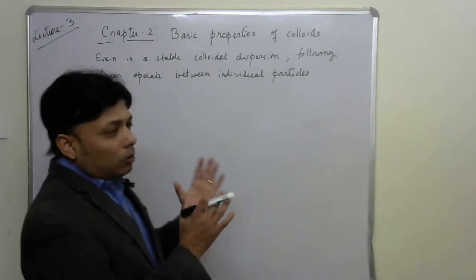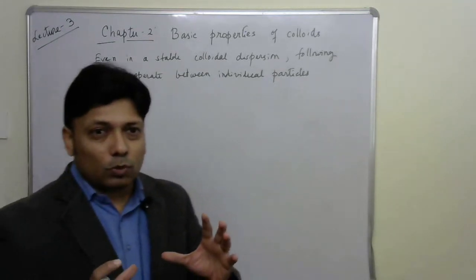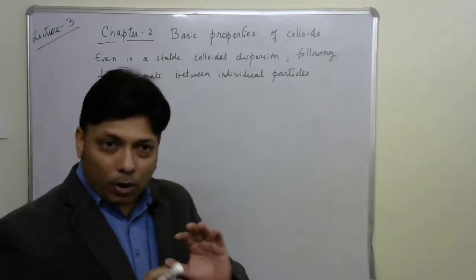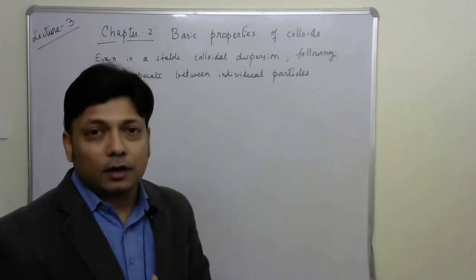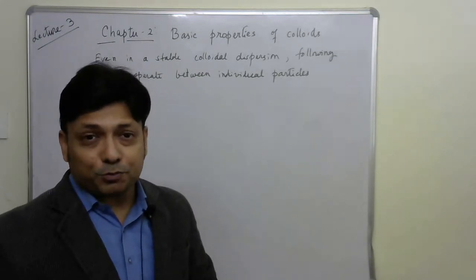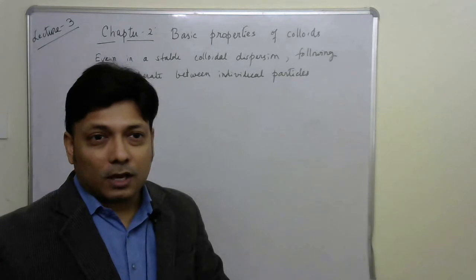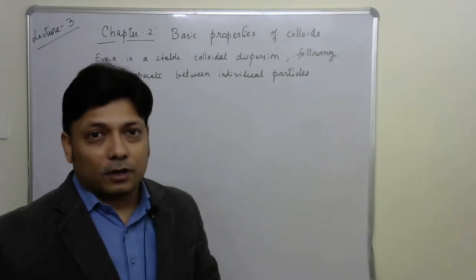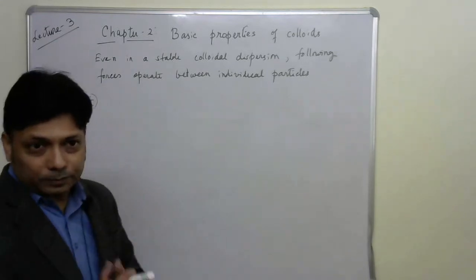In a stable colloidal suspension, stable means it has been standardized against sedimentation or Brownian motion, so all other factors have been taken care of. So particle size and particle density are good enough for them to be stable in the sol as individuals.